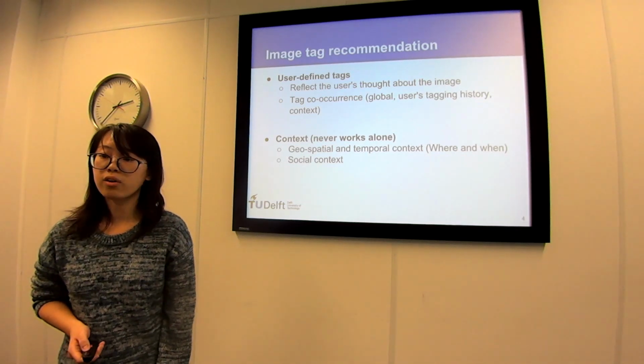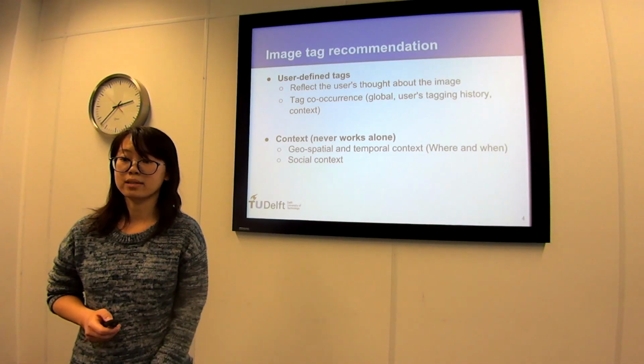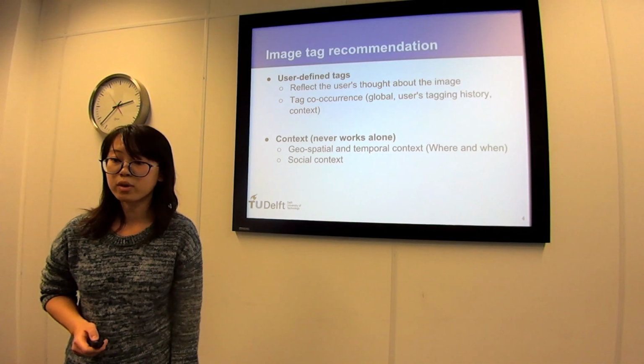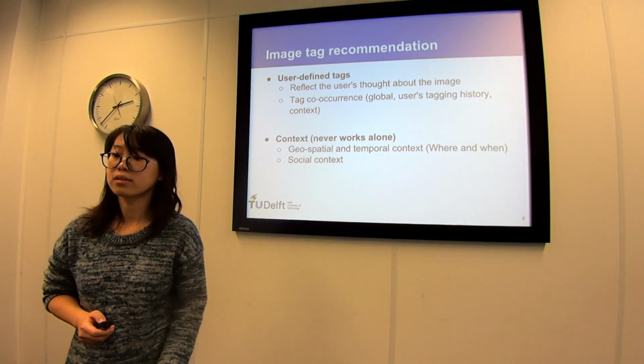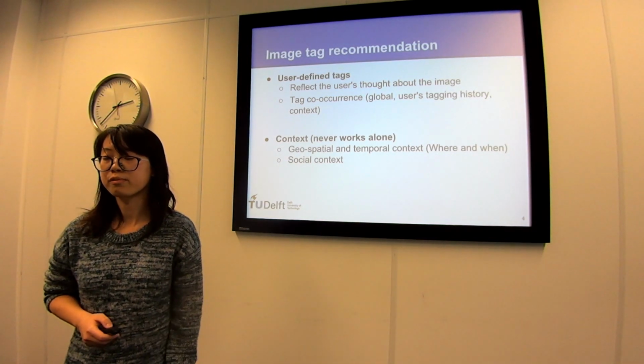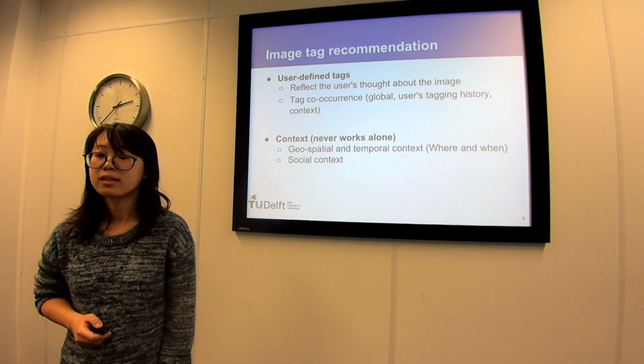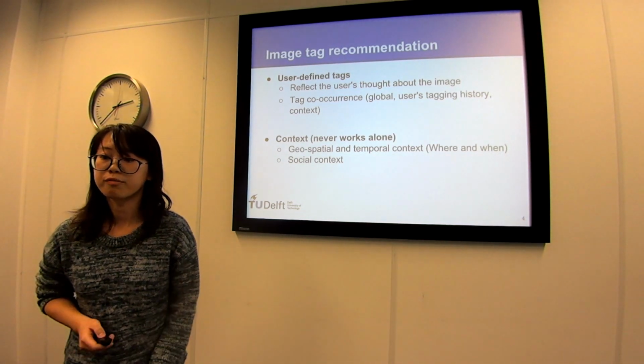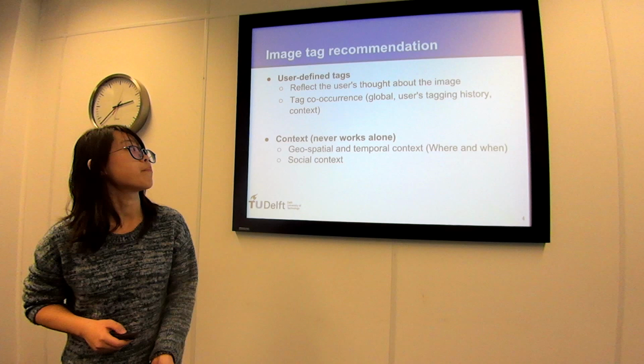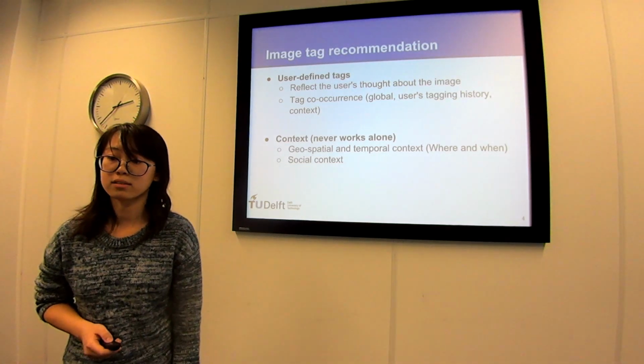Tag co-occurrence can be explored in the global community and also in the user tagging history to provide personalized tag recommendation for the users, and also can be explored in some context.